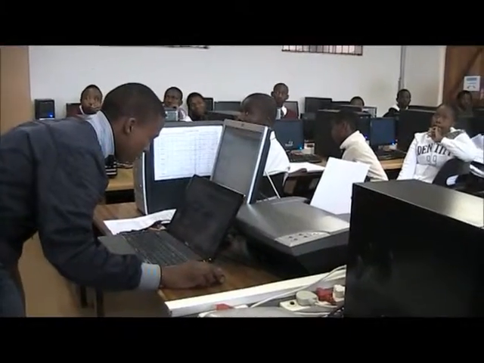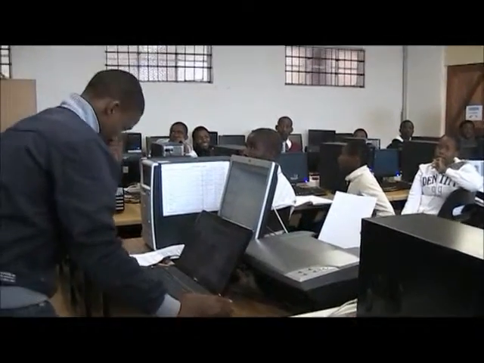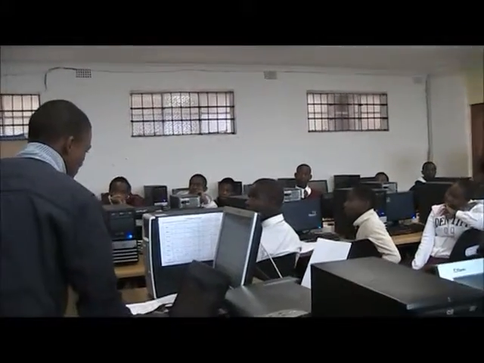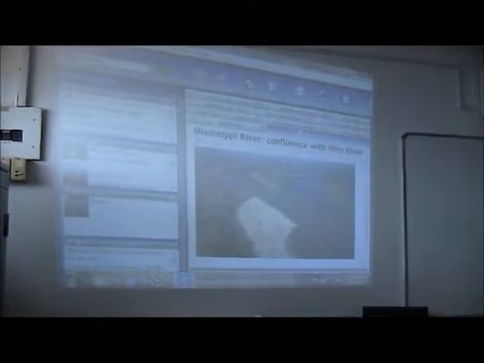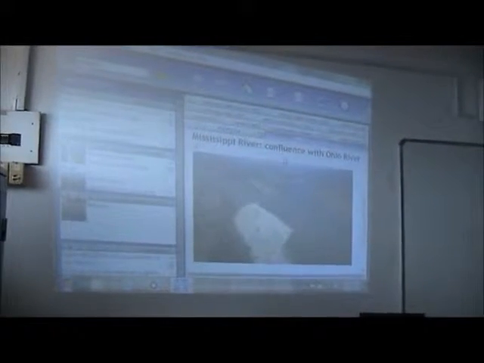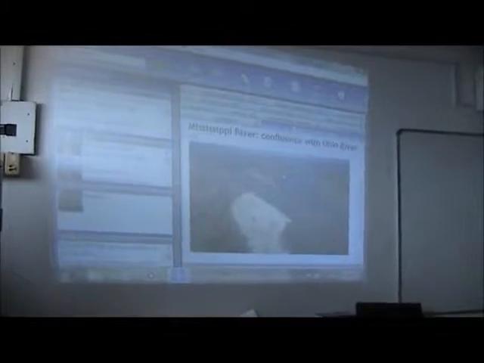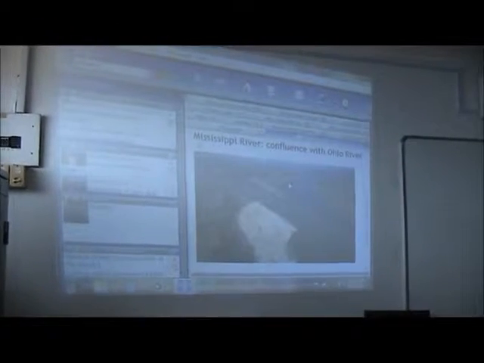Yes, where two rivers meet. Again, just browse the confluence. Just browse there at the confluence with the other river. You see there? As you can see, once it meets with the other one, the river now expands.